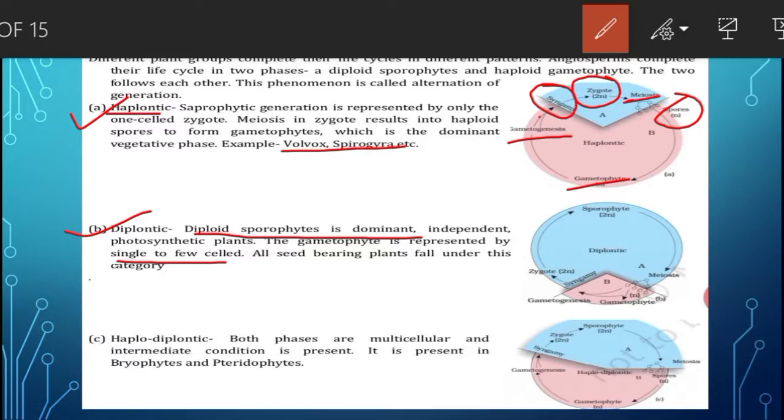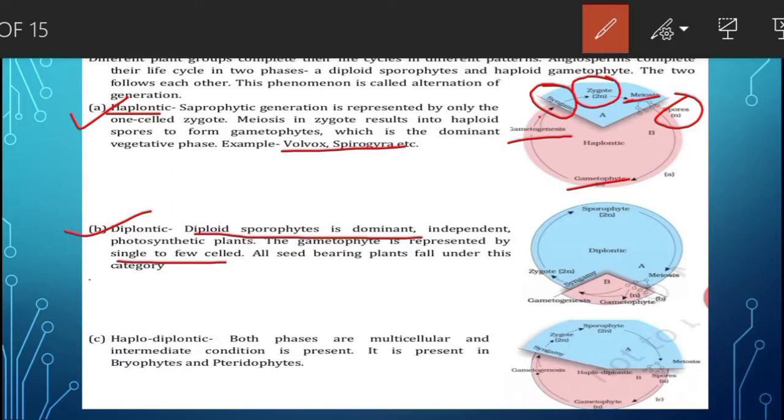This kind of life cycle is termed as diplontic. All seed-bearing plants, gymnosperms and angiosperms follow this pattern of life cycle. Fucus, which is an alga, is diplontic.